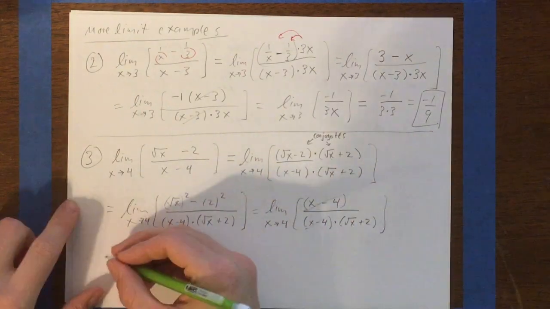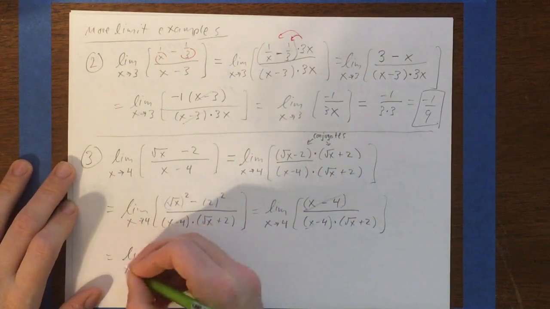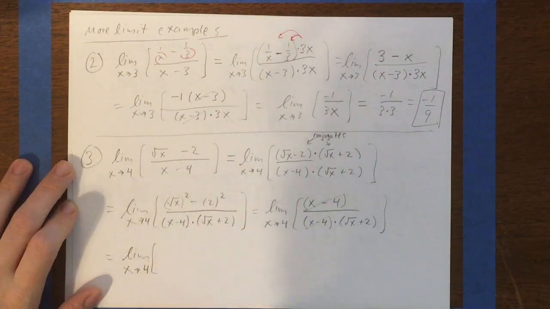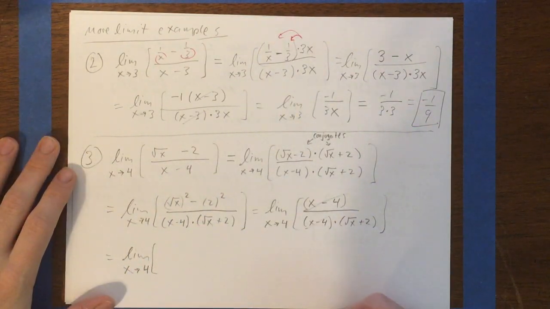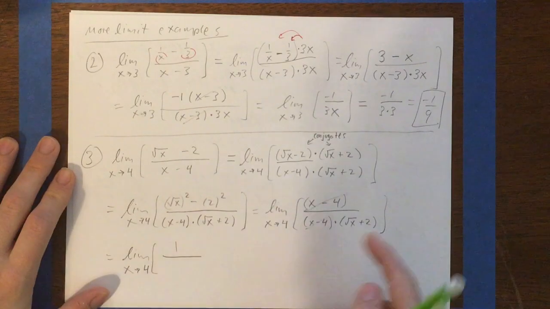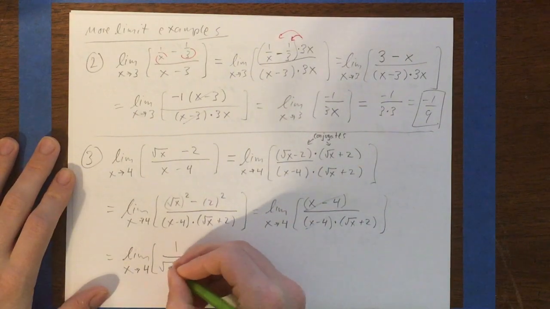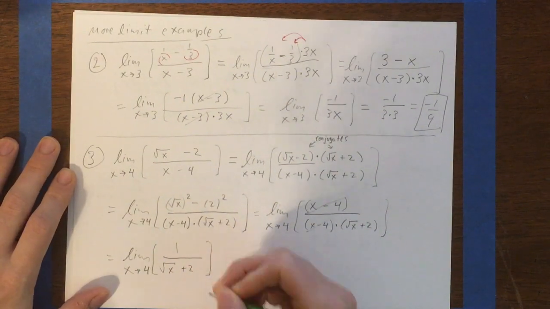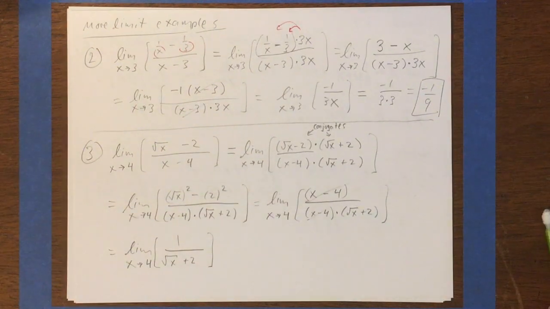So that's why I didn't multiply those out. So now that we've canceled those common factors, what's left over in the numerator is going to be 1, and in the denominator I have the square root of x plus 2. Oh my goodness, a square root in the denominator. We'd better rationalize that denominator right away, right?